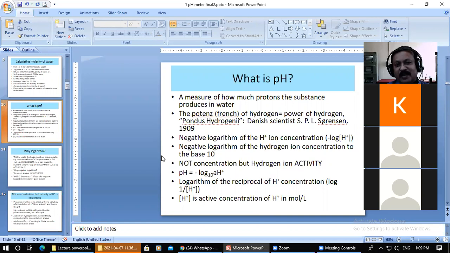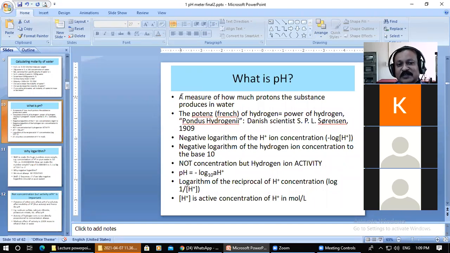So coming back again to this same question, what is pH? pH is actually the measure of protons. Rather, not the question of how many protons are there, but how many protons are produced in water. That is active protons. Sometime back I told you that the active number of protons is what gives rise to the acidity, isn't it?